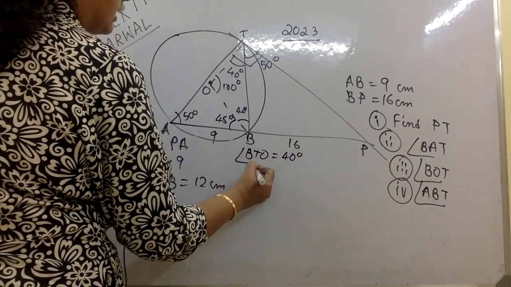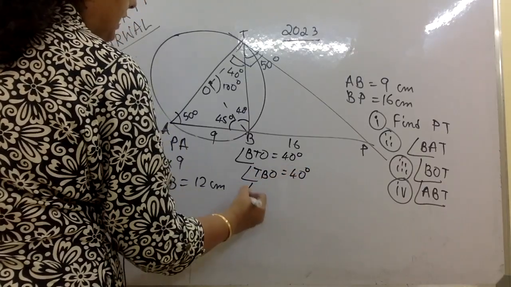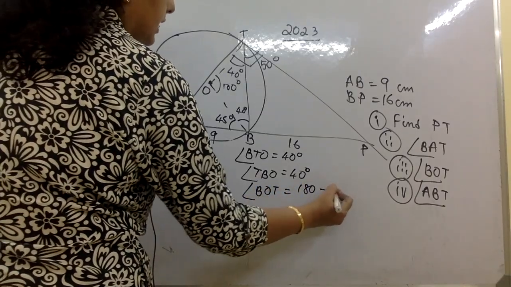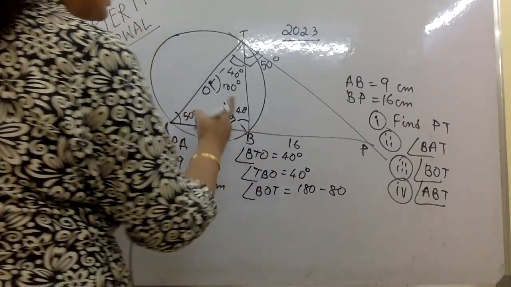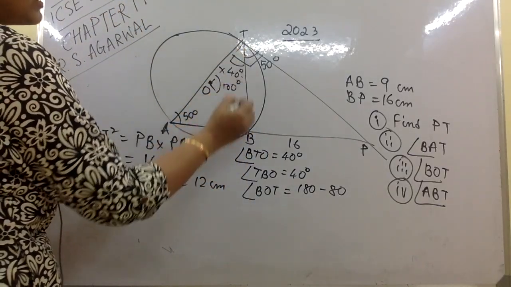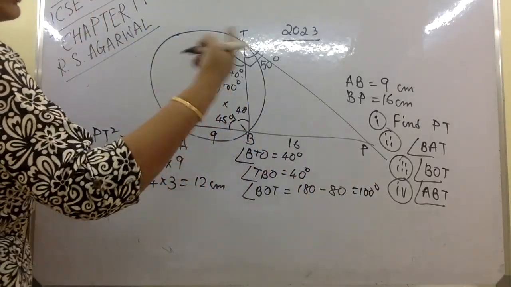Therefore, angle TBO is equal to 40 degrees. Therefore, angle BOT is equal to 180 minus 80, 40 plus 40, because it becomes an isosceles triangle. Remember, these two are radius, so these two are equal always, which is 100 degrees. So we got this as 100. Maybe we'll need it later.